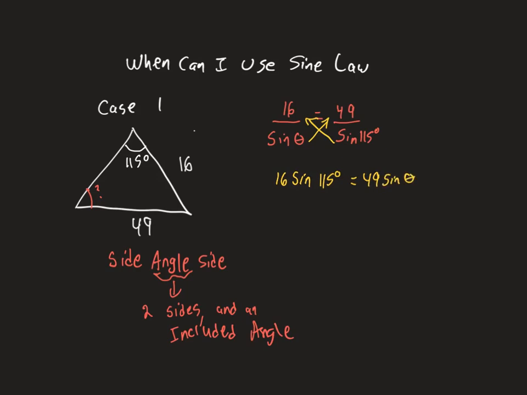We want to get the theta by itself, so again, you're going to divide both sides by 49. So you're going to get 16 sine 115 divided by 49 is equal to sine theta. And remember, whenever you're trying to solve for an angle, you're using the inverse in your calculator, so sine minus 1 of this whole mess.